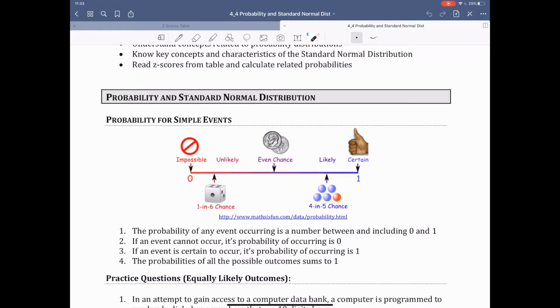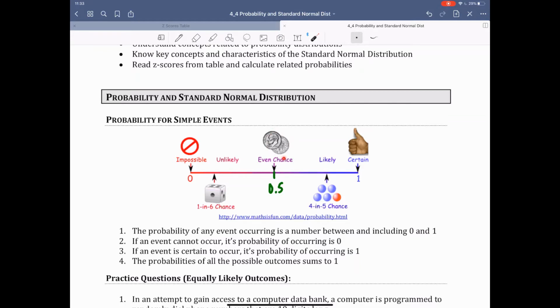And within those two ranges of values from 0 up to 1, we move from unlikely to where there's an even chance of events occurring, 0.5. And then beyond 0.5, they become more likely to occur until they're certain, so 100% chance.